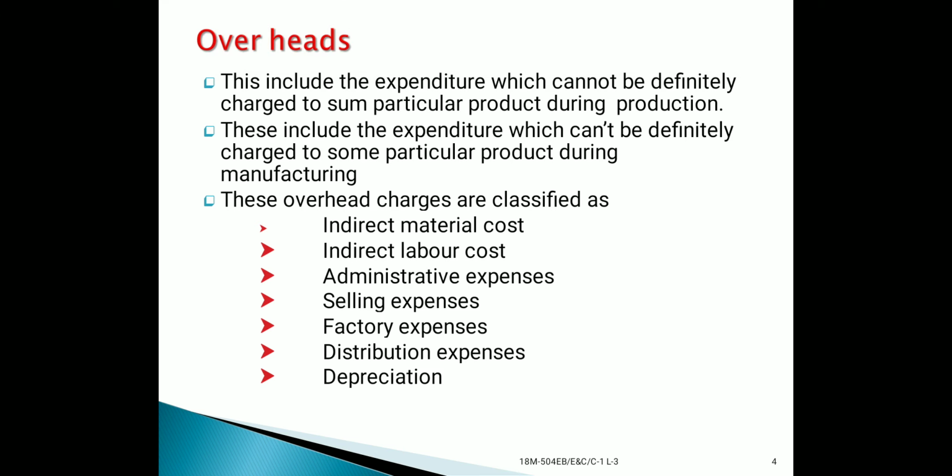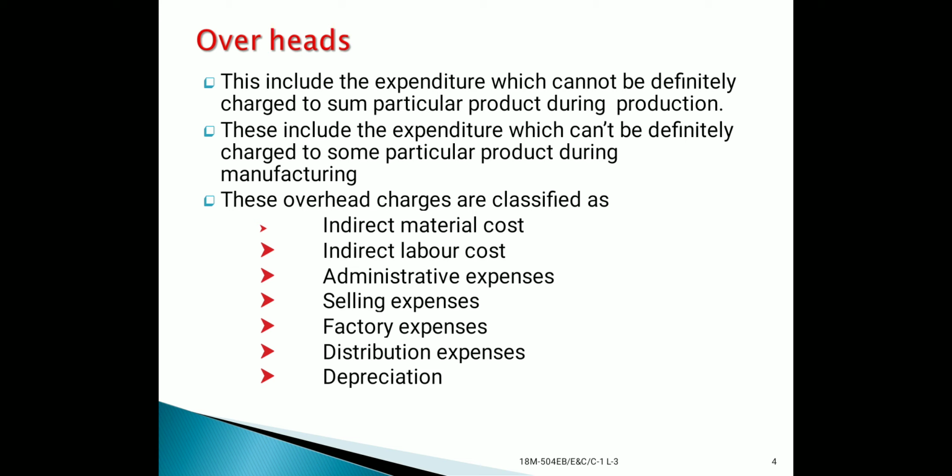Next is selling expenses, for the selling department. Next, factory expenses for lights and water. Next, distributive expenses for the distribution. First we are loading one lorry of goods, so it requires transportation money. That money also comes under the overheads.